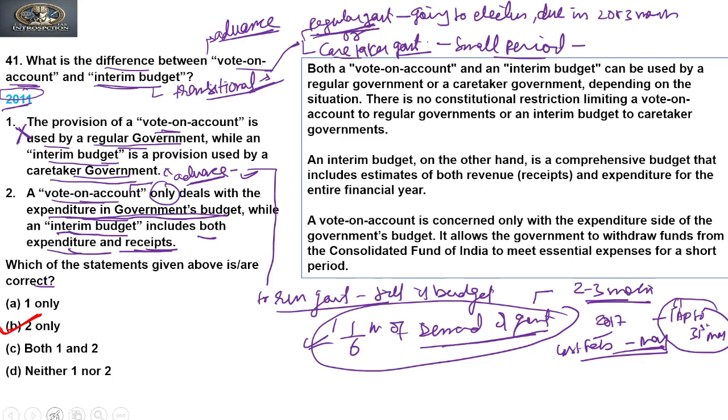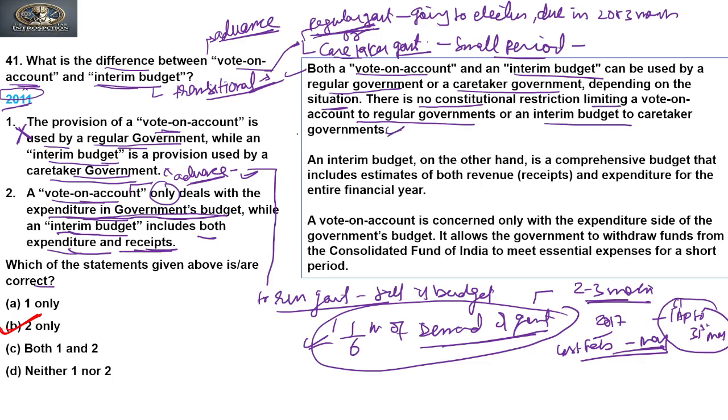Now if we see the explanation to this question, it says both vote on account and interim budget can be used by regular government or caretaker government depending upon the situations. There is no constitutional restriction limiting a vote on account to regular government or an interim budget to caretaker government. Clear?